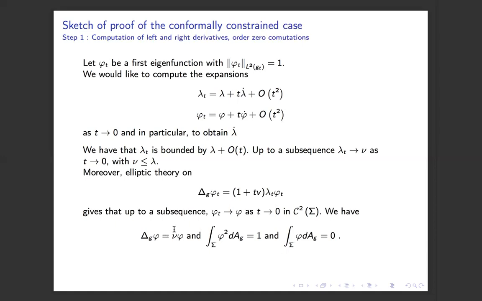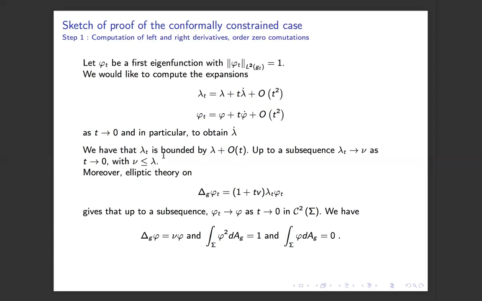And then we know, since phi_t converges with respect to any function space to phi, that the L2 norm of phi is equal to 1, and phi is orthogonal to the constant function, because it was the case before the limit. So we cannot have that phi is the constant function, and phi is an eigenfunction associated to the metric g.